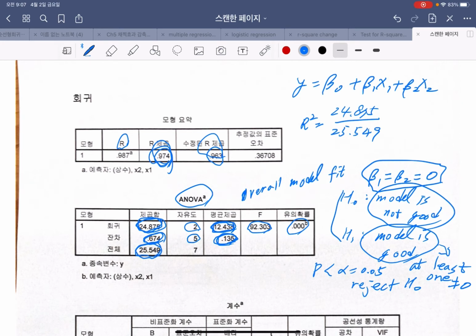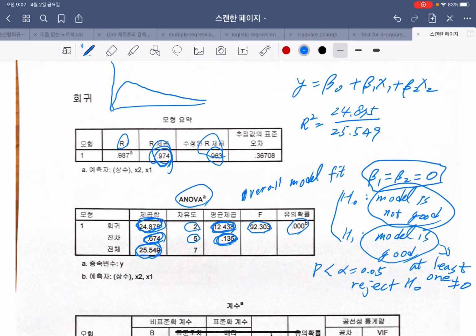And the p-value comes from the graph like this. Remember the F graph? F looks like this.